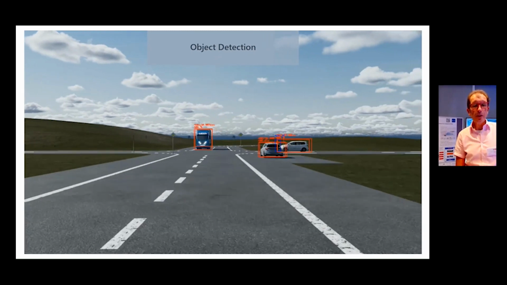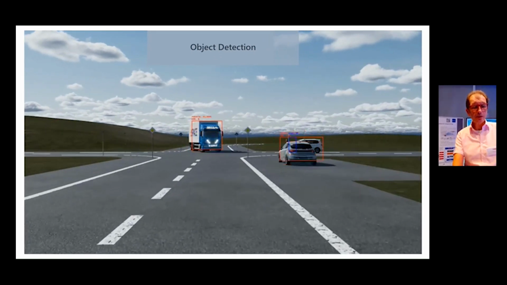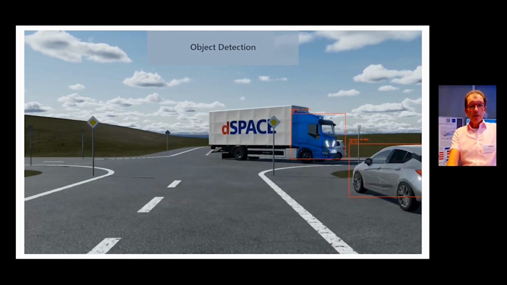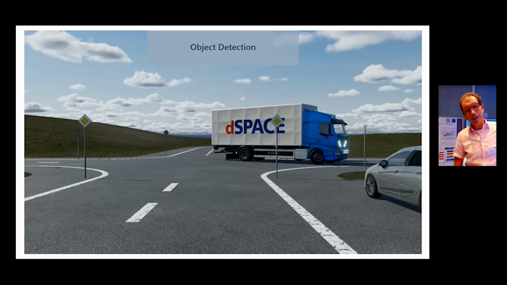Here you see we have some bounding boxes around the lorry, and we see the bounding boxes around the car standing right of the ego lane. Here you see, unfortunately, some error in our detection, and it's not what we just wanted.